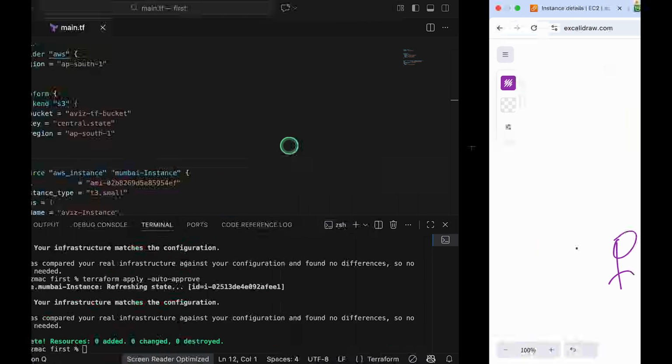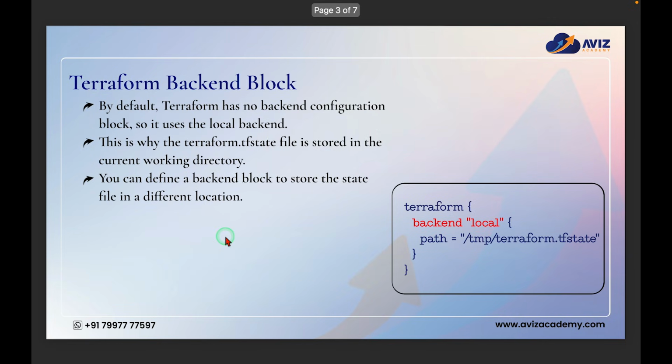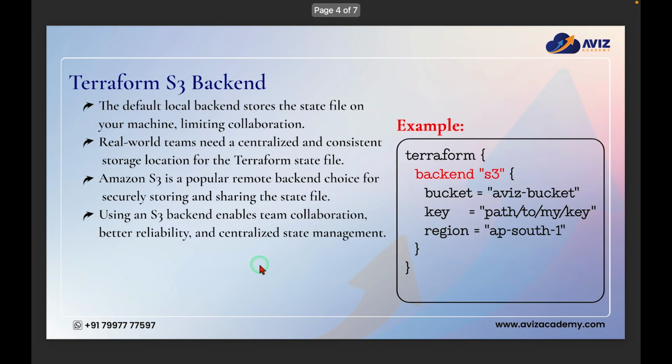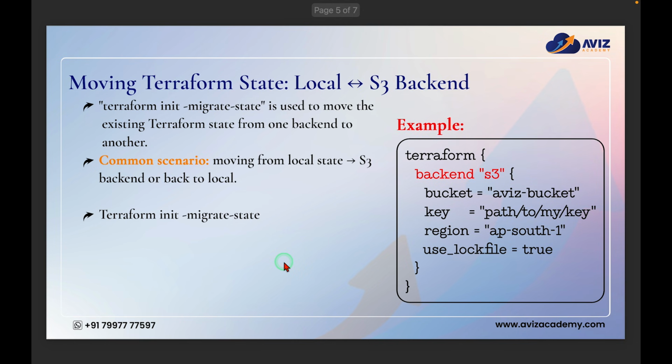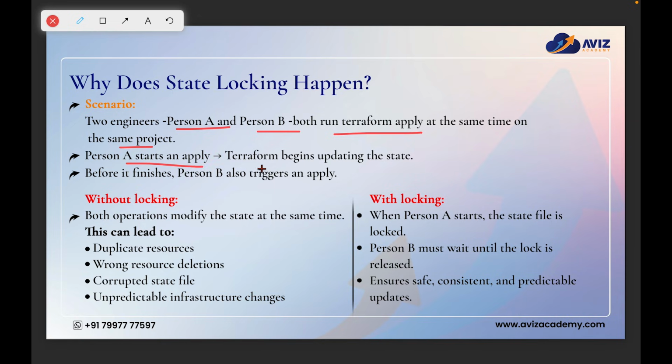So there is a scenario with locking and without locking. These things we already covered. Two engineers, person A and person B, both run terraform apply at the same time on the same project. Person A starts apply and Terraform begins updating the state. Before it finishes, person B also triggers an apply.